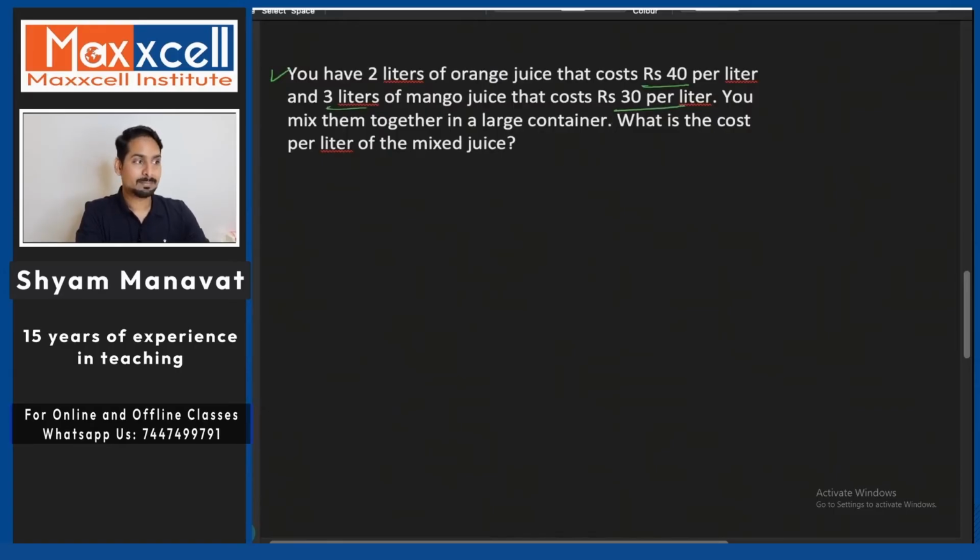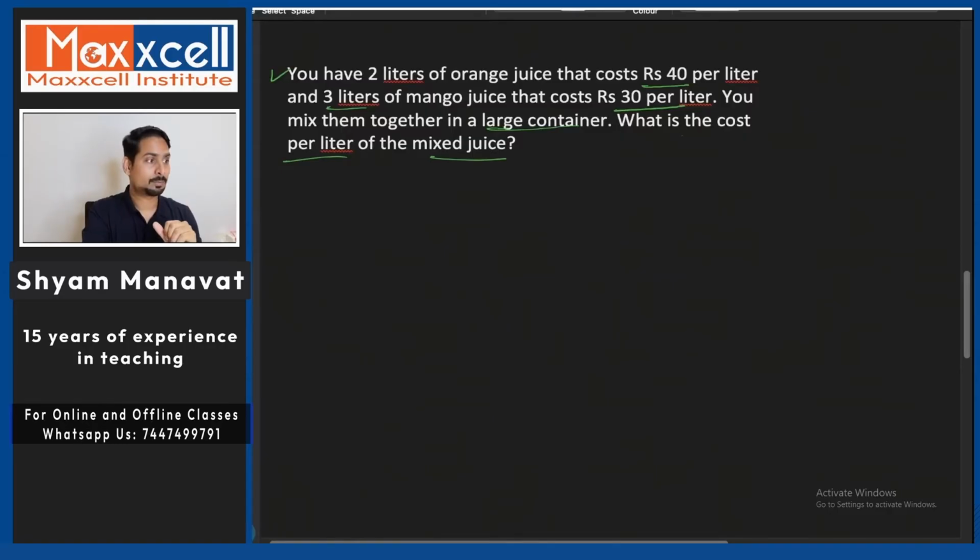You mix both of them in a large container. What is the cost per liter of the mixture? If anyone is telling you to apply some formula for this, please skip that. As I said, do not make a whole list of formulas and then get confused. Write down a formula only when it is needed. Otherwise, aptitude is more of a common sense game.